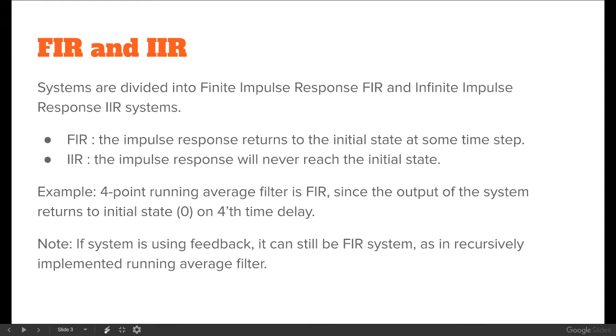Most of the natural systems are infinite impulse response systems. So think of, for example, an RC low pass filter or high pass filter. It has this exponential decay for the step response, so it basically never reaches the initial state.